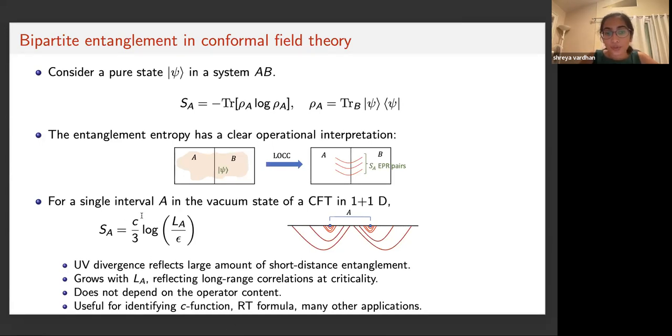And it was also useful for motivating the RT formula, which identifies a bulk dual of this quantity in ADS3. And there are many other applications in condensed matter systems. So the quantity that I will discuss today shares the features that it also has a precise operational interpretation, and it is a universal quantity in any conformal field theory in 2 dimensions.